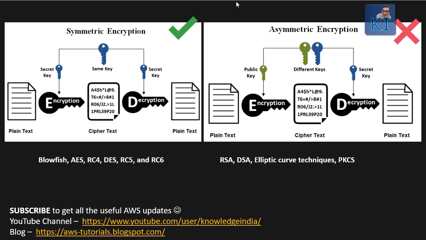Now there are different algorithms for both of these encryption types. I have given some of the names here as well. If you look at AES, this is one of the really acceptable ones. A lot of people use this in the industry, and AWS also follows AES at most of the places.